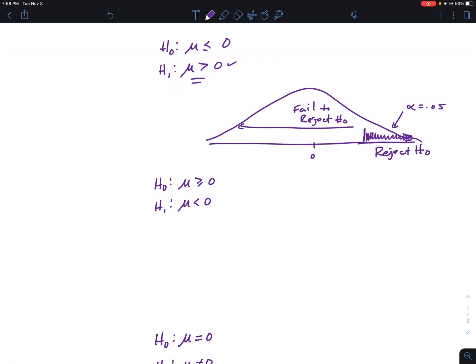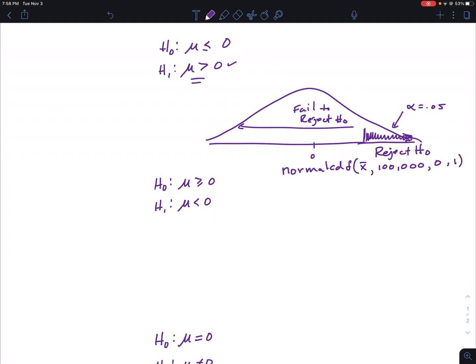So when we're setting this up, this is going to be one of the normal CDF where we would end up with whatever our sample mean is, comma 100,000, and then comma mu, comma sigma over square root of n.